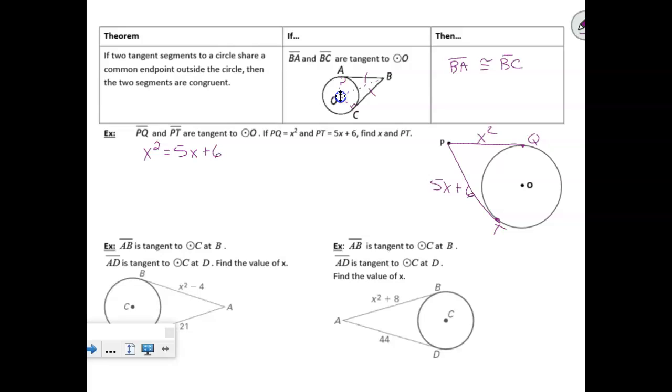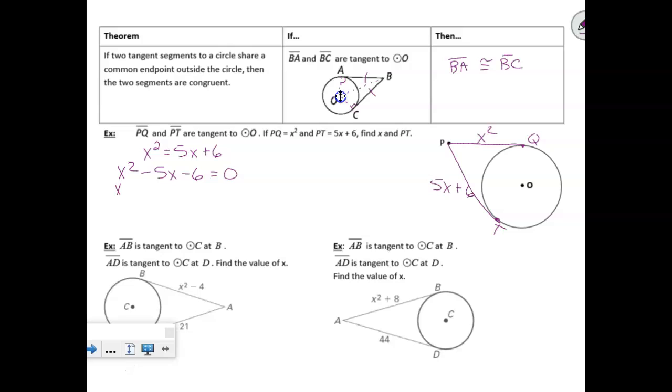Solving this, we have to get it equal to 0. We're going to do x squared minus 5x minus 6 equals 0. We're going to do this by factoring by grouping.